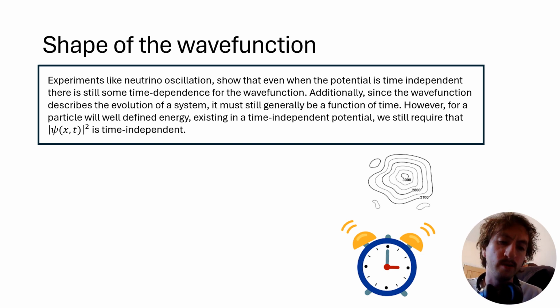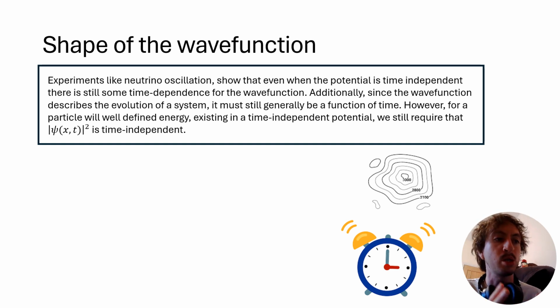Also, if you've got a time-independent potential, as we can see from experiments, unless we're worrying about uncertainty in energy, we don't really get anything like the classical notion of motion.